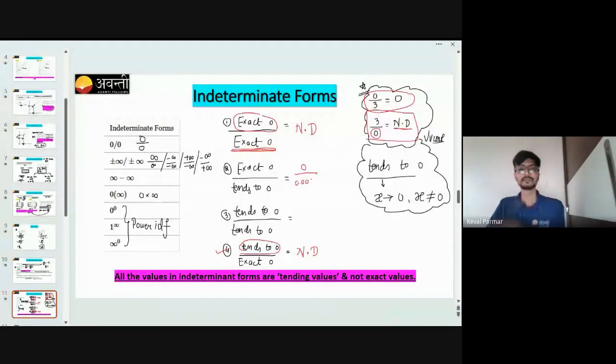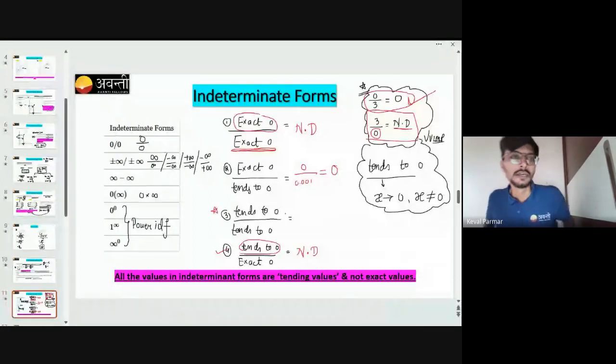Tends to 0 means it is very close to 0, so I can write suppose 0.001. And as we know, 0 upon any number which is not 0, or 0 upon non-zero, the answer is always 0. Here it was 3, here it is 0.001.